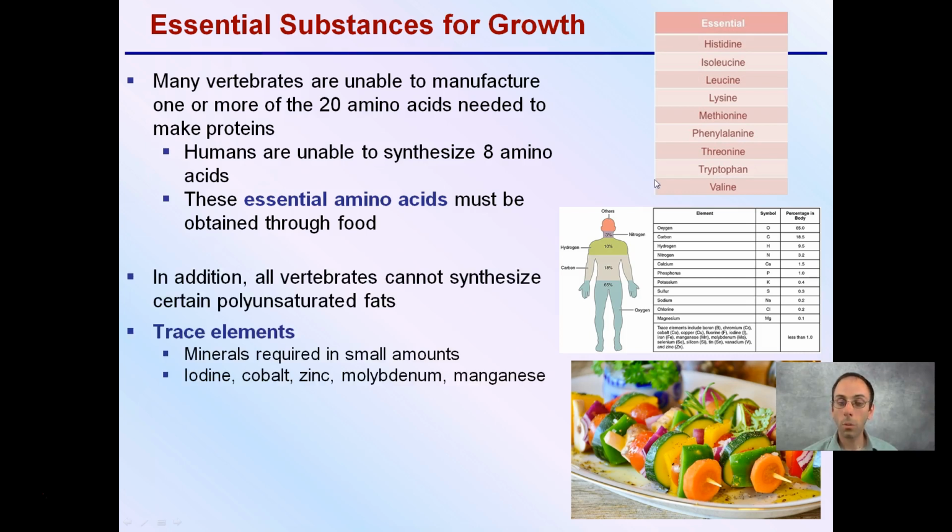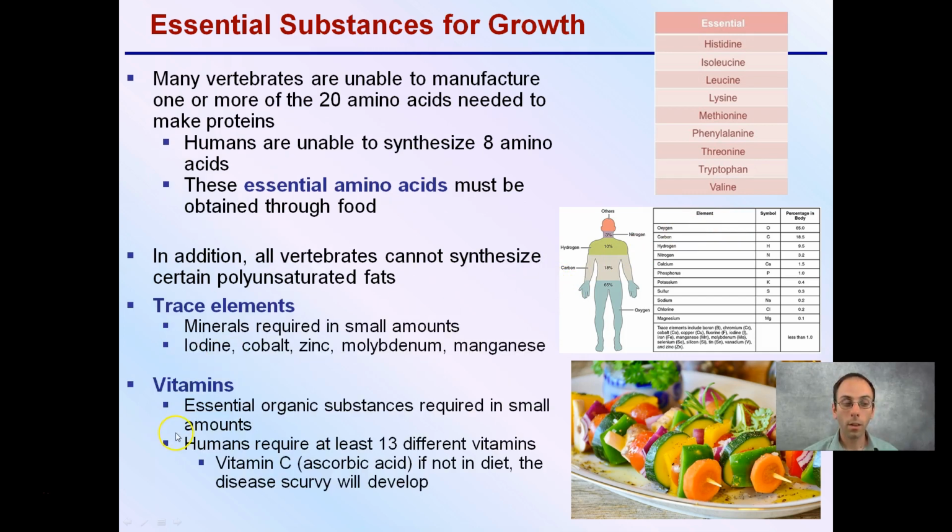In addition, we cannot synthesize certain polyunsaturated fats, and we also need to be consuming trace elements. A trace element, there's a couple listed here, is required in small amounts. Nothing that we need in large amounts, but they are essential. Iodine, zinc, manganese are just a couple examples of trace elements that are important for our body to function properly.